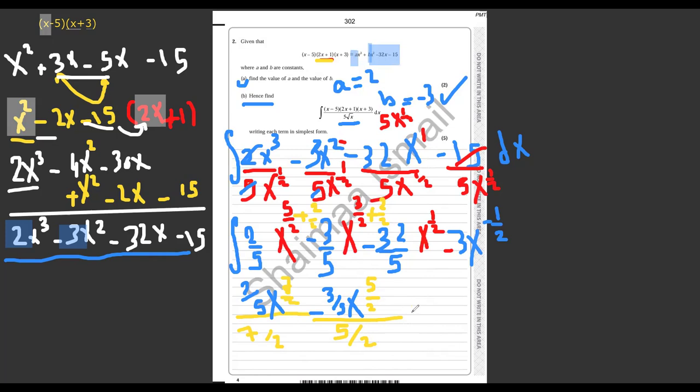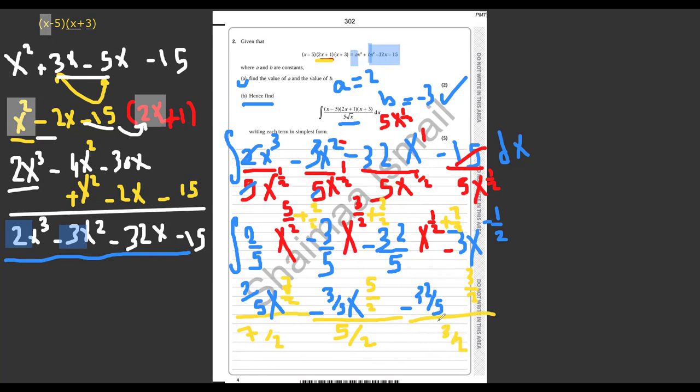Then here minus 32 over 5. Here the power I'm going to add 1, which is 2 over 2. So here 2 plus 1, which will be 3 over 2. So here the power would be 3 over 2, dividing by 3 over 2.